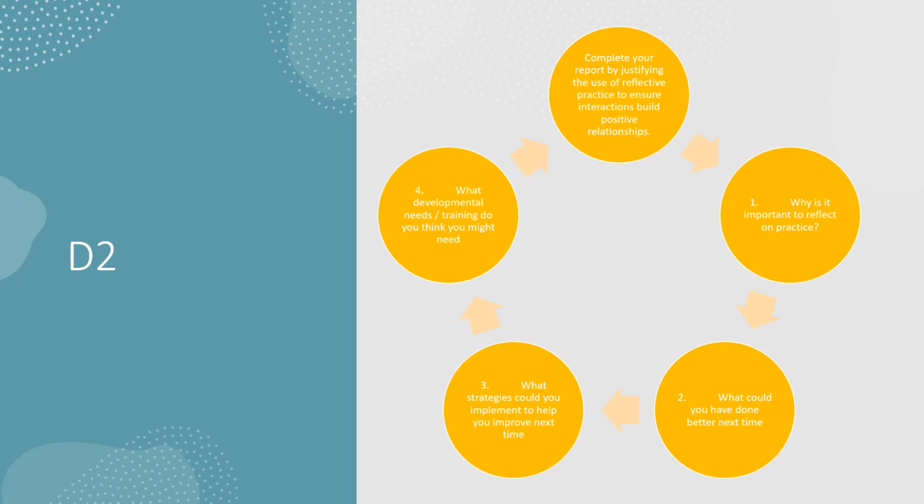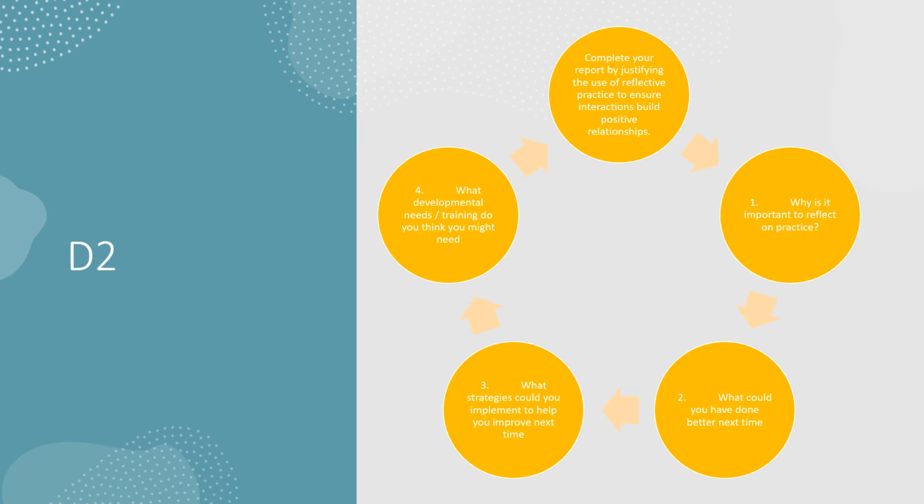For the last distinction of this unit, you will be expected to complete your report by justifying the use of reflective practice to ensure interactions build positive relationships. So you will need to answer why it's important to reflect on practice. What could you have done better next time? What strategies could you implement to help you improve next time?